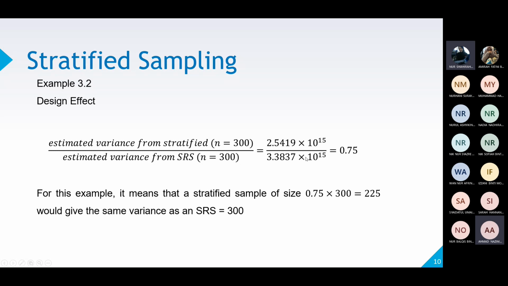Then in this example, you can see that the estimated variance from stratified is much lower compared to the estimated variance from the simple random sampling. If we calculate the design effect by using this formula, you will get the design effect value of 0.75.